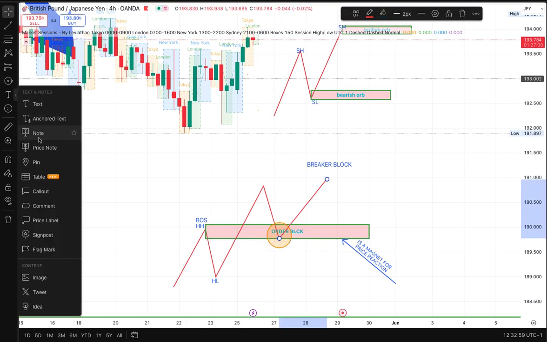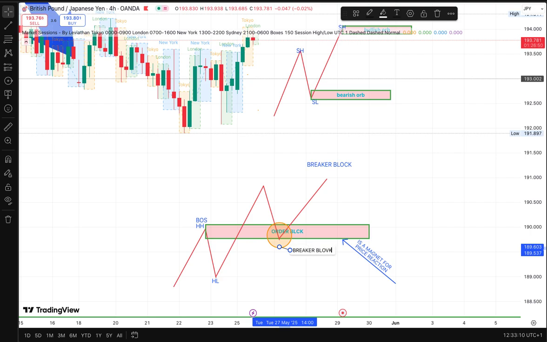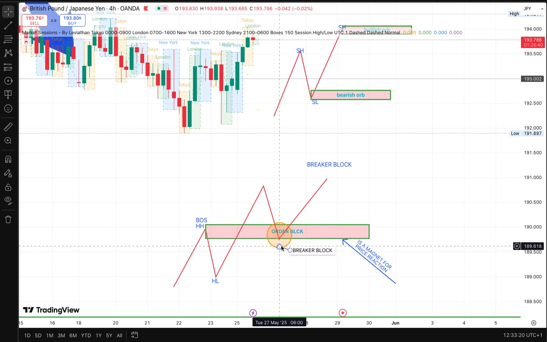That's where the breaker block is. That's the breaker block. All right, so this is the breaker block right here.